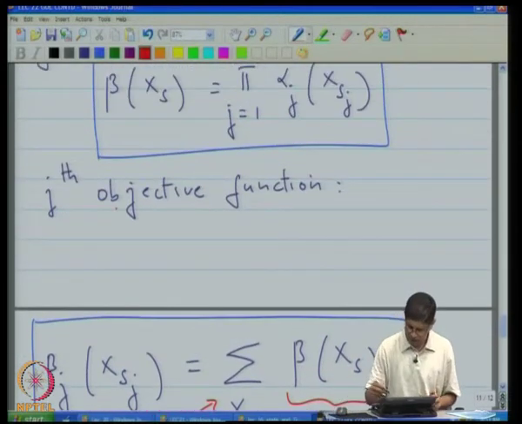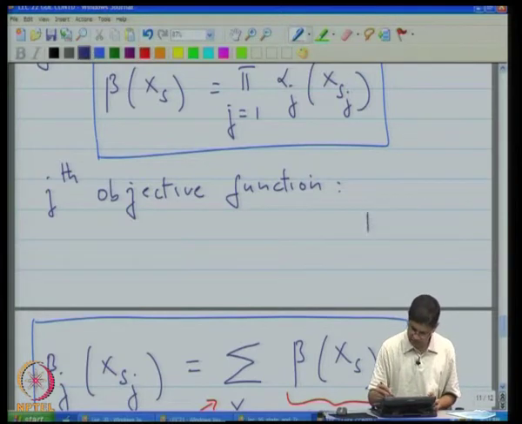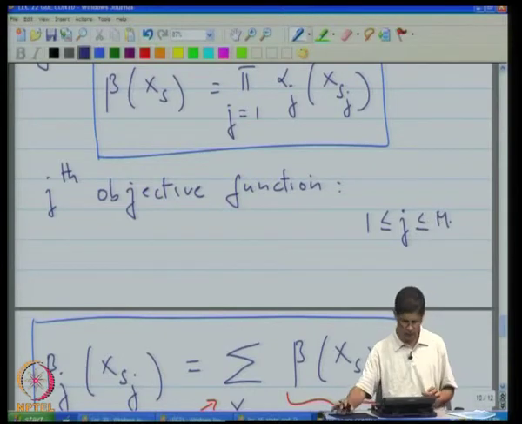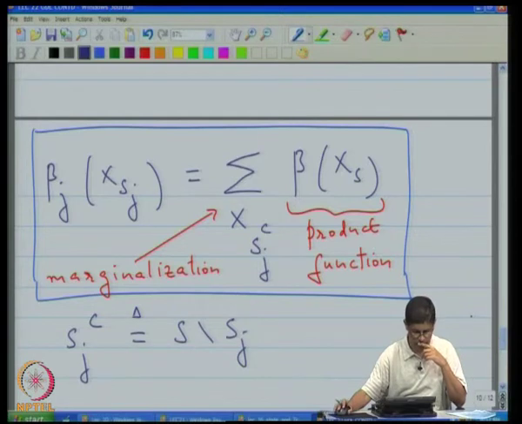And again, you have as many objective functions as there are local kernels. So, there are this many objective functions.